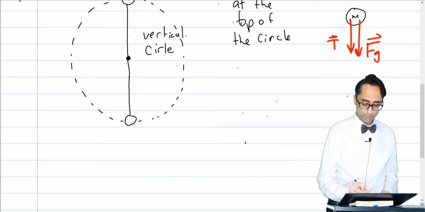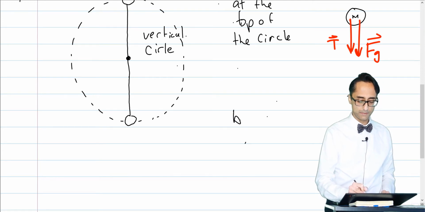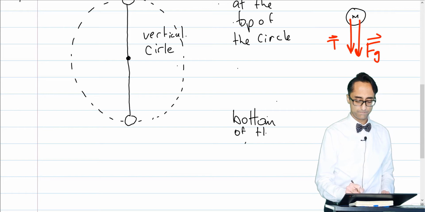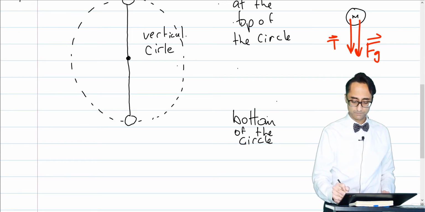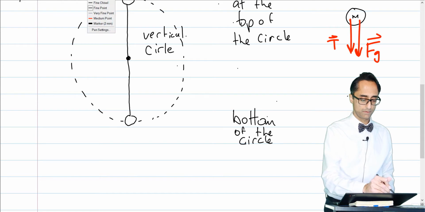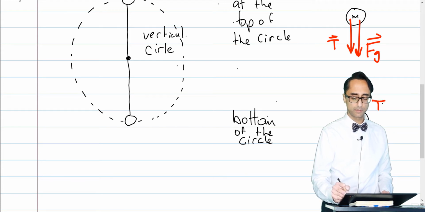And so at the bottom of the circle, our free body diagram looks like the following. We've got the force of gravity downwards, and we've got tension upwards.